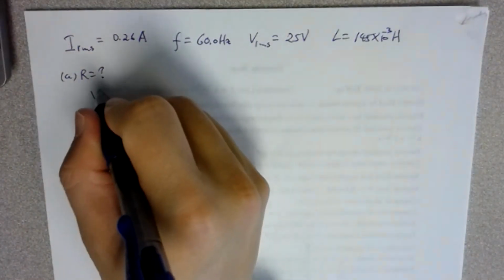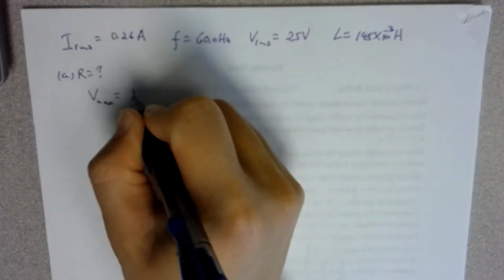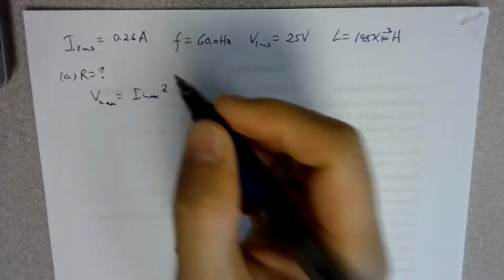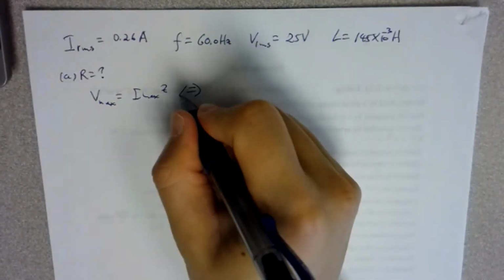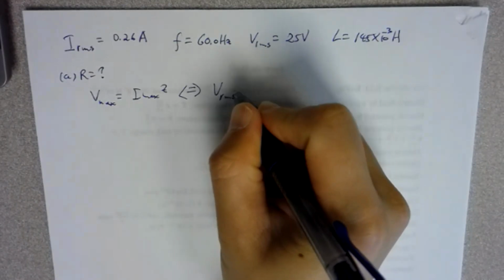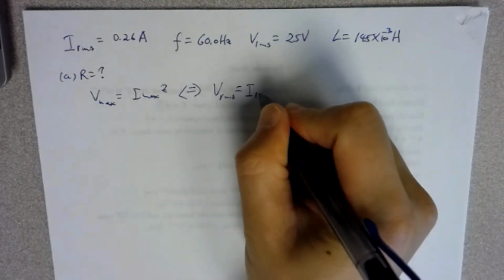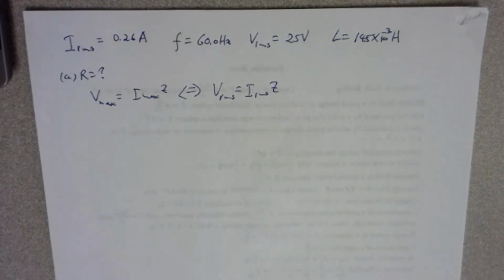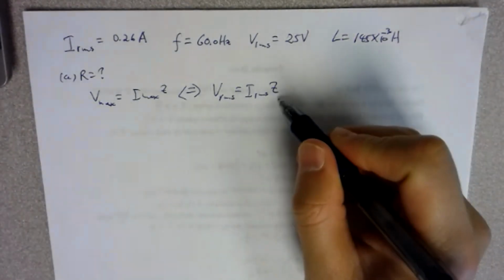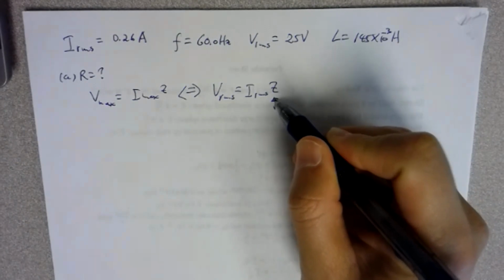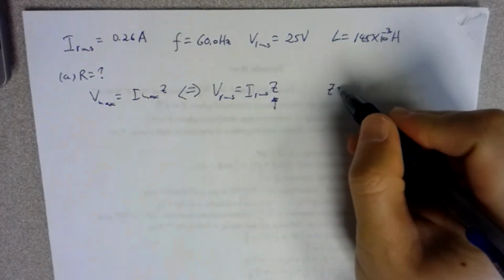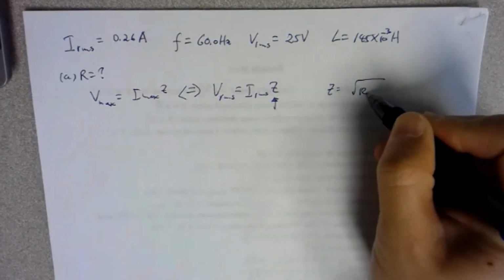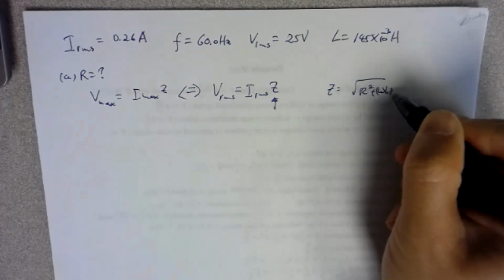So we know that V max equals I max times Z. Similarly, if you're looking for V RMS, then it's I RMS times Z, okay? So we can calculate Z in this case, and Z for an RL circuit will be the square root of R squared plus omega L squared, right?